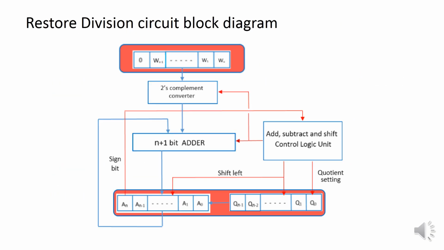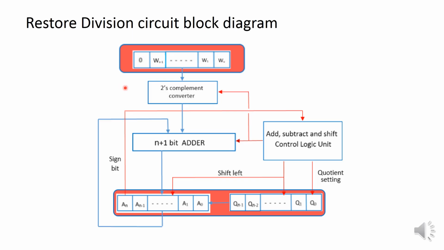Here I have converted the previous flow diagram into a circuit block diagram showing the use of registers and how they are managed by the computer. This is the divisor register with the signed digit in front.